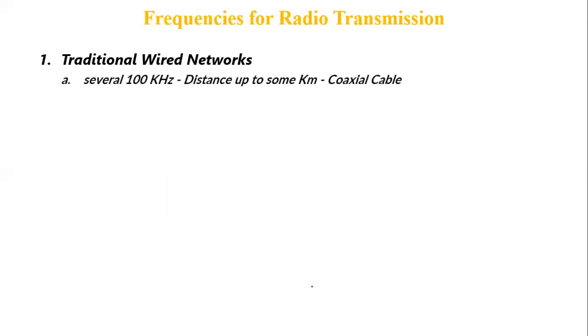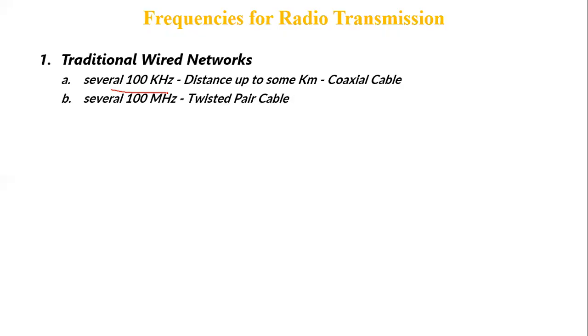Let us first start with the traditional wired networks. In traditional wired networks, for communication up to several kilometers, signals of several hundred kilohertz, around 100 kilohertz, were used. Typically these signals use coaxial cable. Coaxial cable can support signals with a frequency of several hundred kilohertz.